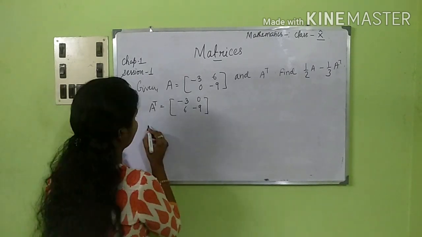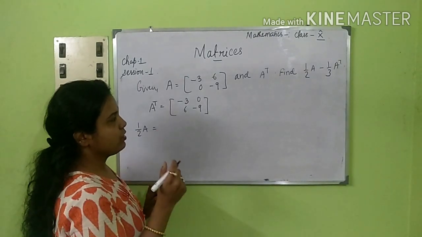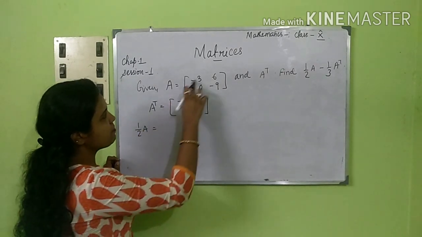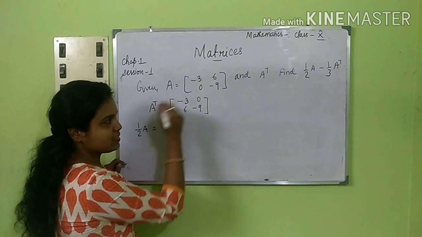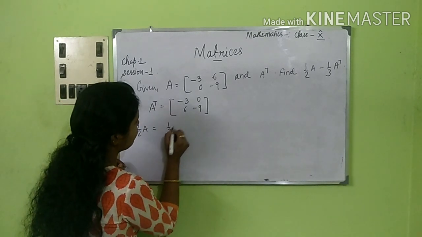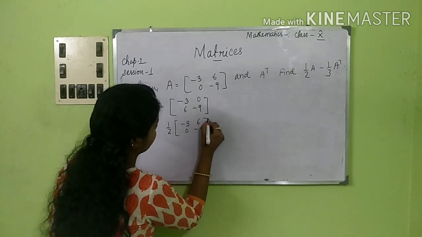Now we have to find half A. Now let me tell you that each of these half will be multiplied to all these numbers inside A. Okay, that is the elements of A. So half of minus 3, 6, 0, minus 9.